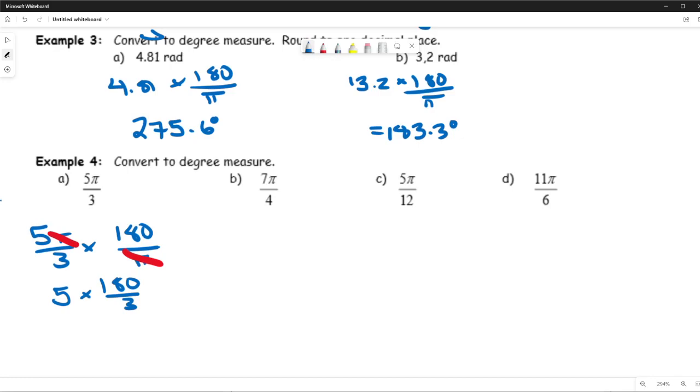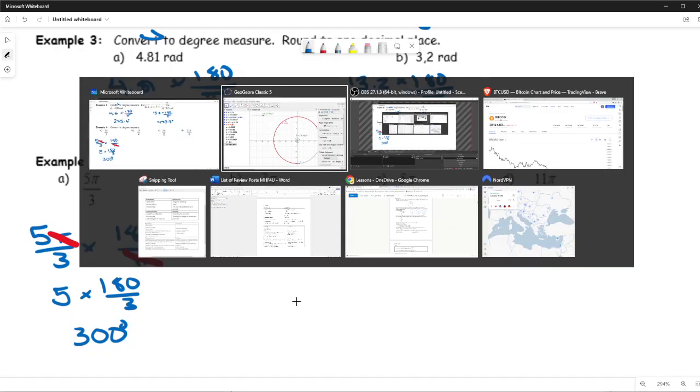So whichever way you want, you can divide 5 by 3, or divide 180 by 3, or multiply 5 times 180 and then divide the answer by 3. But in my opinion, why don't we divide 180 by 3 first, which is something we can probably do mentally? 180 divided by 3 is 60. 5 times 60 is 300 degrees, and I don't really need a calculator to do something like that. 5 pi over 3 is 300 degrees.